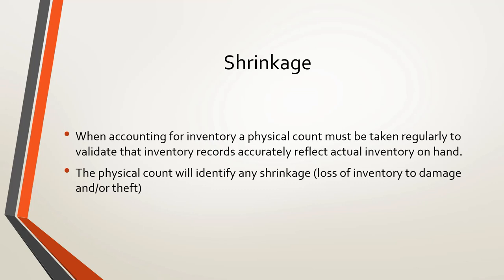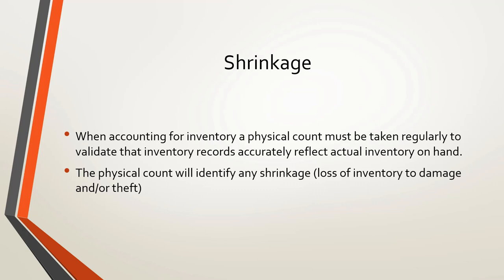And so inventory is an asset, okay, and it has value. And so every so often at the end of an accounting period, either at the end of a year or the end of a quarter, there needs to be a physical count of our inventory so that we know exactly how much we have. Our records may indicate one thing, but because of shrinkage, which means lost or damaged or stolen, inventory disappears.